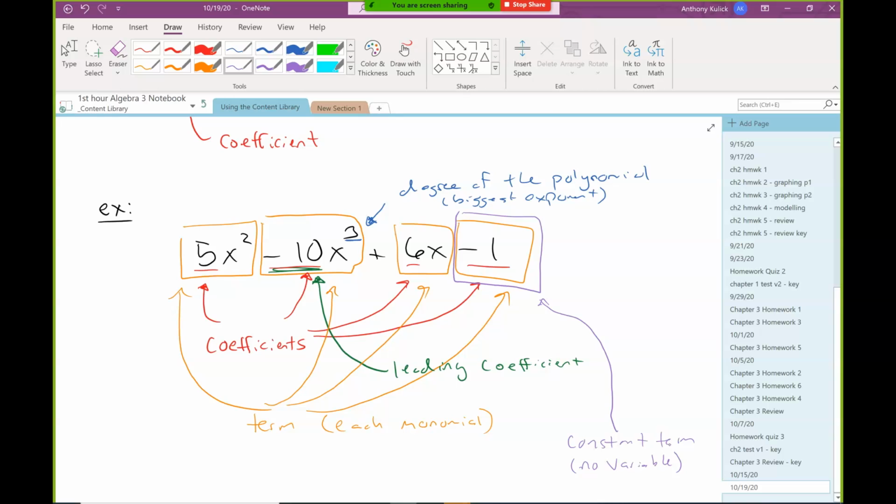Any questions right now about this vocab? So we haven't really done anything yet. We're just building up some language so we can talk about polynomials a little bit.